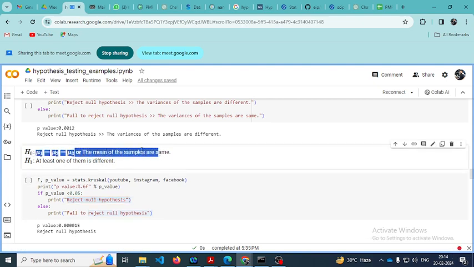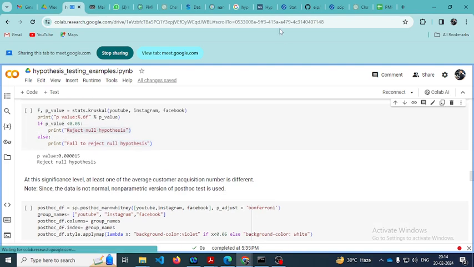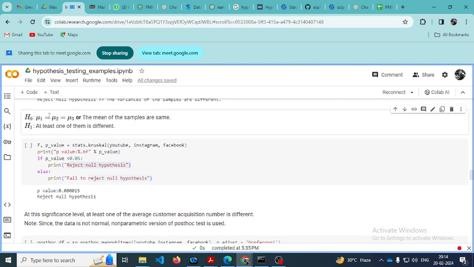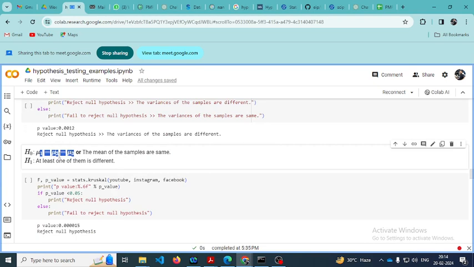The null hypothesis is that the means of these samples, mu1, mu2, mu3, are the same. Initially, you assume the average number of customers on these three different platforms is the same.